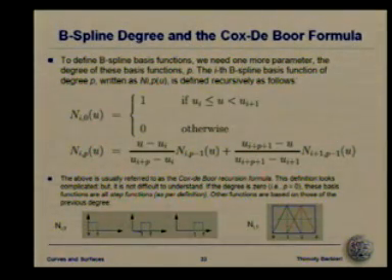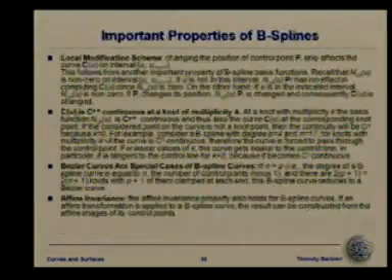If you had a degree 2 curve, then your locality will be limited to 2 spans. But you have a degree 4 curve, so it is an even more complex curve. So you're actually spanning 4 spans.